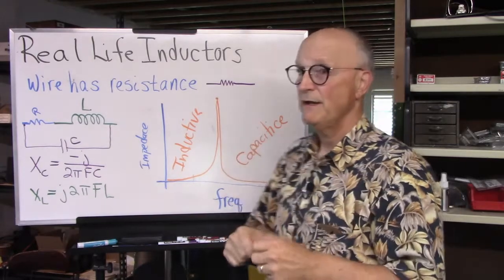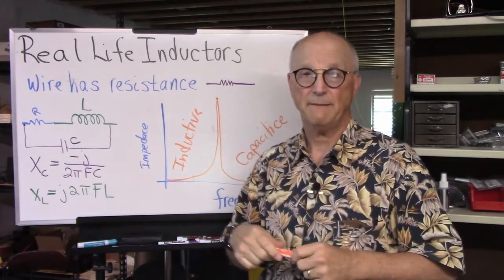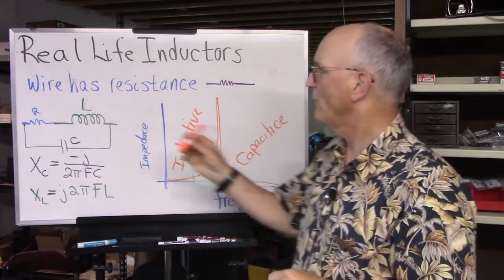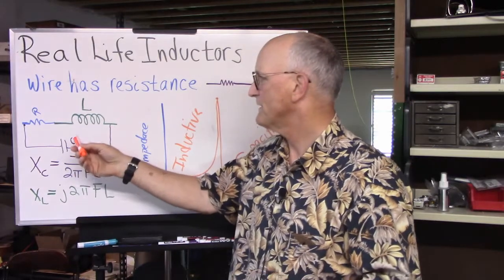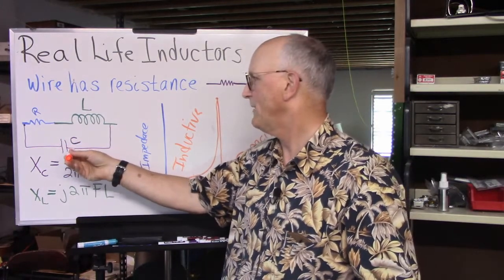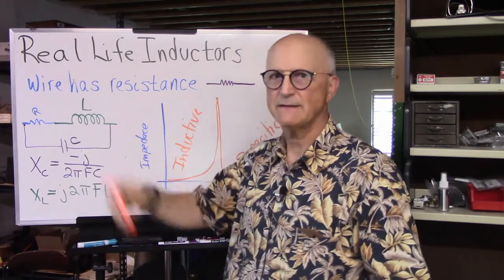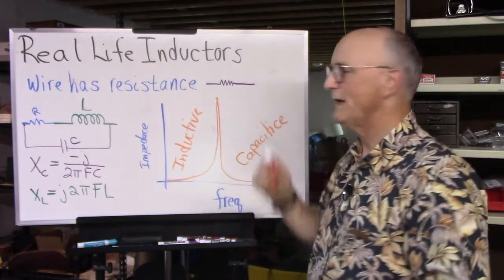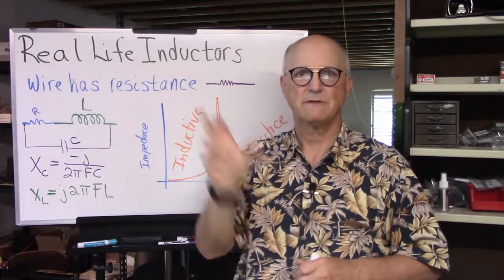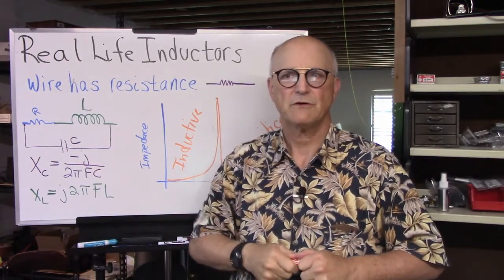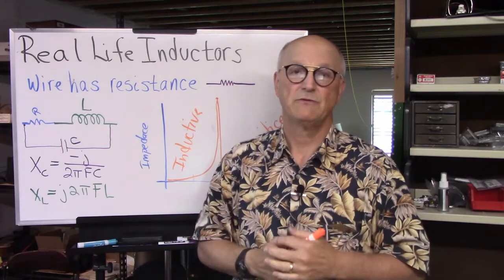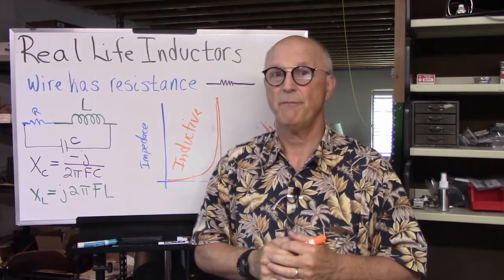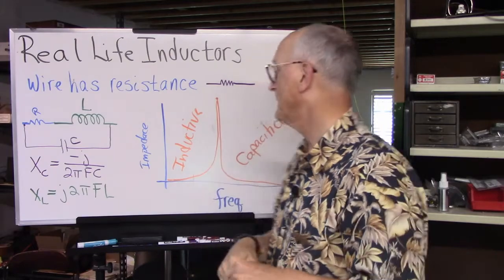And so some manufacturers of antenna traps will specifically wind an inductor with a specific amount of interwinding capacitance and inductance in such a way as to get the self-resonant frequency at the frequency that they want for their trap. And they do that to avoid having to put a discrete capacitor into the trap.